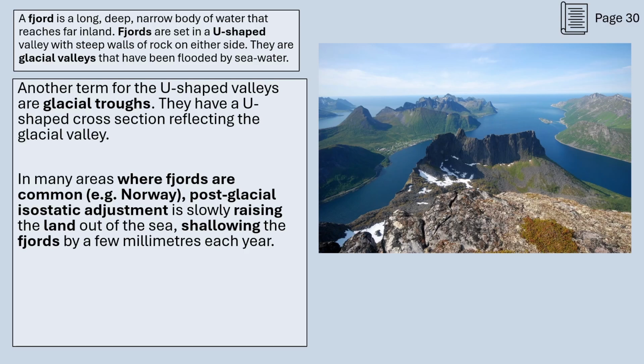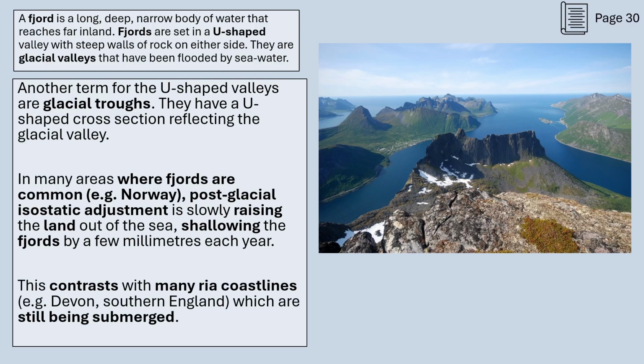So many fjords in Norway are slowly rising, becoming shallower by a few millimeters each year, which contrasts with the ria coastlines in Devon, in southern England, which are still being submerged because that's where we're having isostatic subsidence. So that's two submergent features, and now we're going to switch to emergent features.